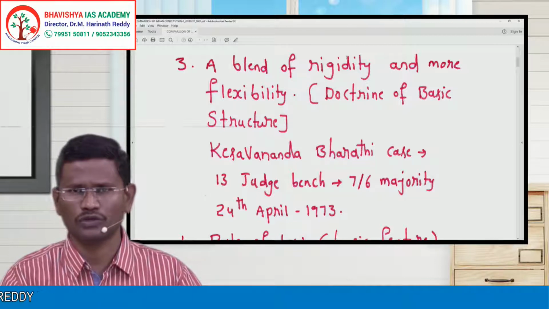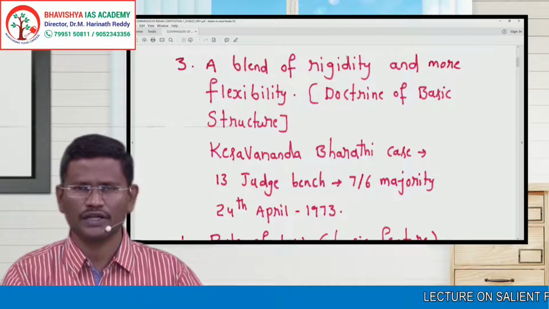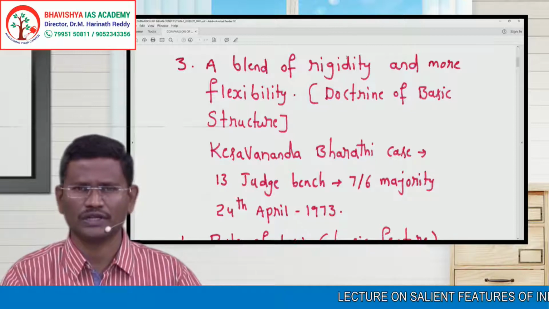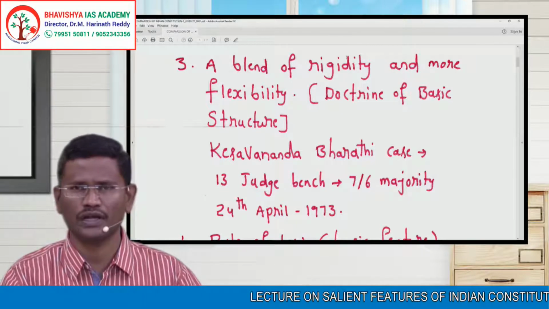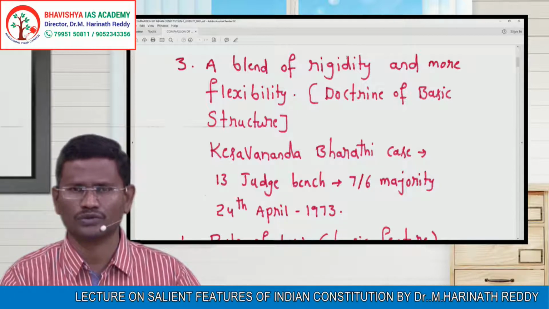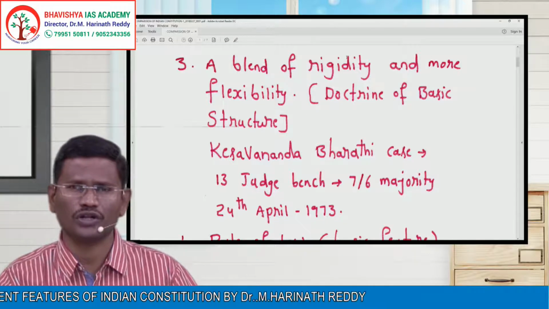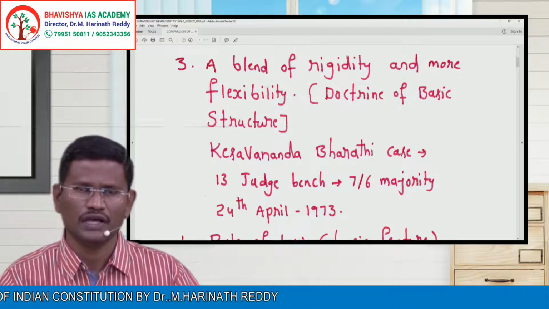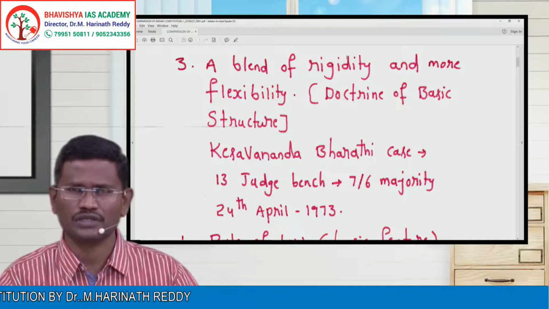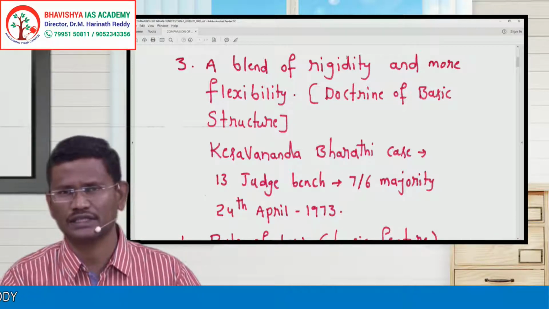So in other words, on 24th April 1973, the Indian Supreme Court, through its judgment in Keshavananda Bharati case, has made unlimited power of the Indian Parliament to amend the Indian Constitution into a limited power. And this is called the doctrine of basic structure. Remember, doctrine of basic structure doesn't have any constitutional sanctity.